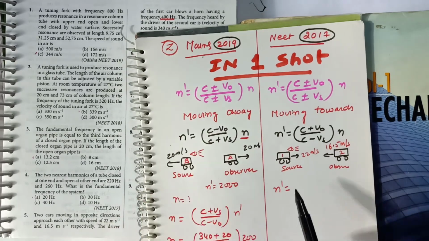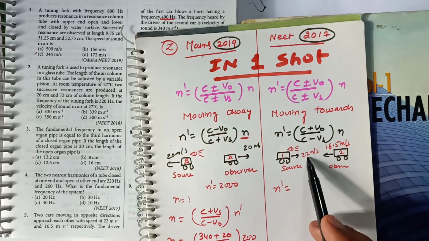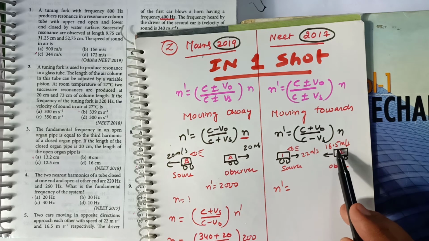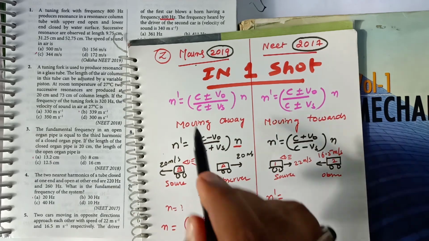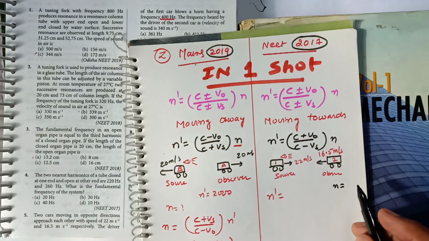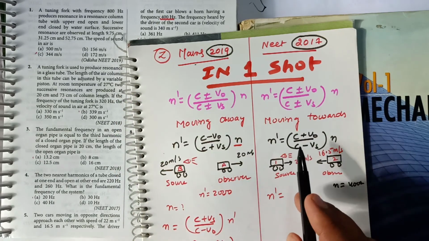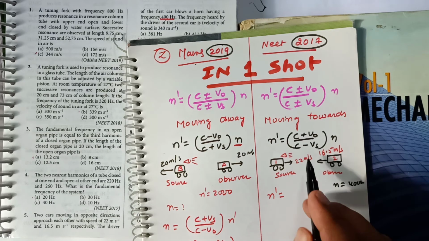If you observe this problem, it is given that car 1 and car 2. Car 1 is 22 meters per second and car 2 is 16.5 meters per second here. That's the data given. And it is given that the real frequency, the actual frequency, is 400 Hz here. That's it. You just apply the formula, supply the data, and get the answer.